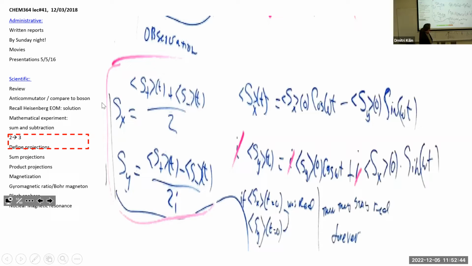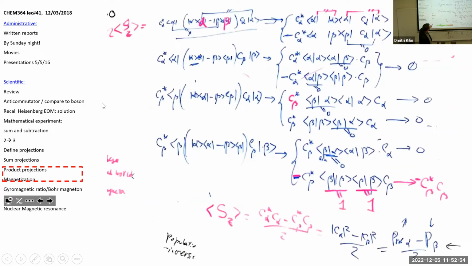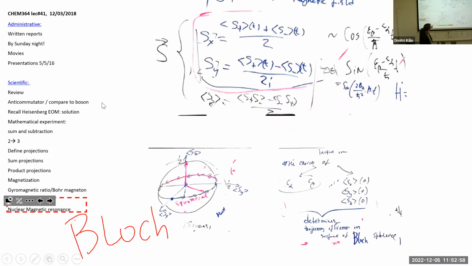If you don't have an optical field, one can do a few more tricks to show that the Sz projection doesn't change, which is basically the same as the Hamiltonian. And after looking at these three projections and getting back into the magnetization, you'll get cosine and sine that show this rotation. So if it is one electron, it will rotate infinitely long.